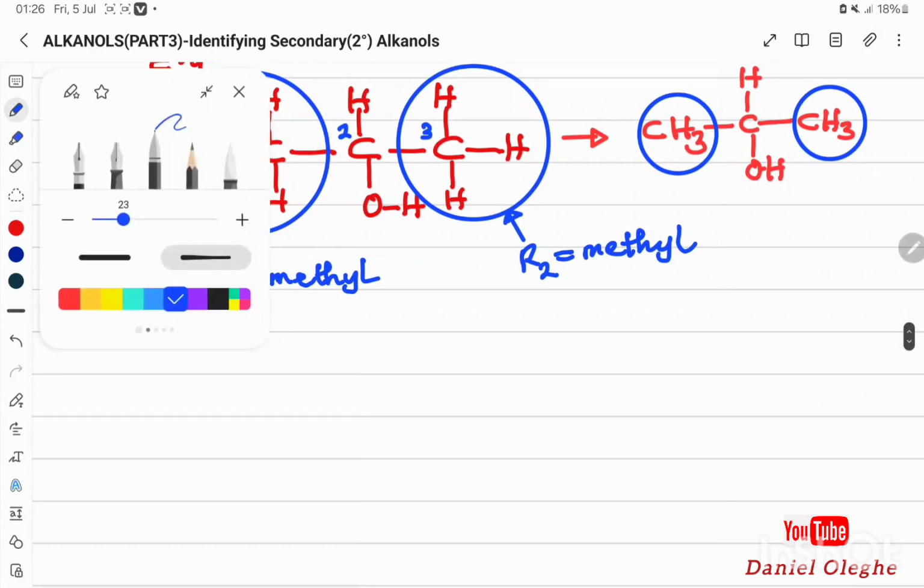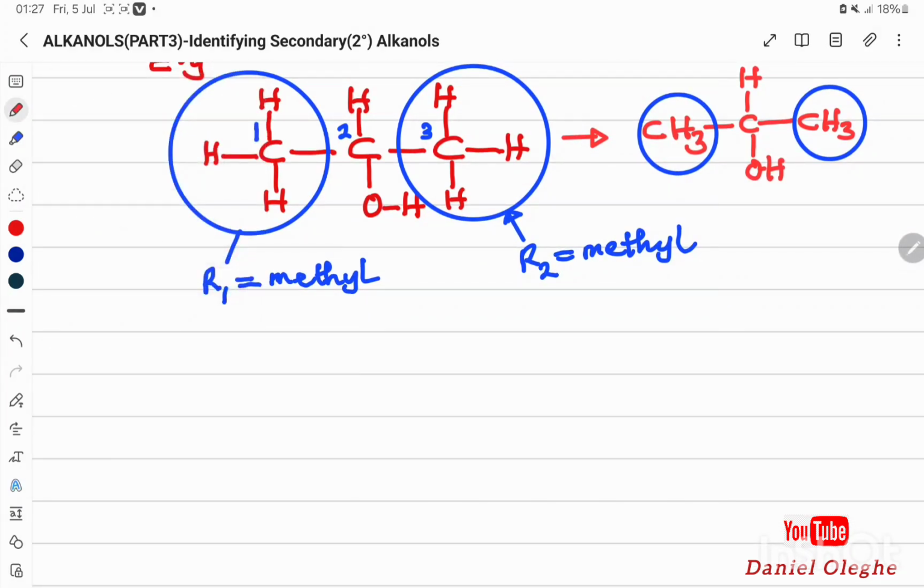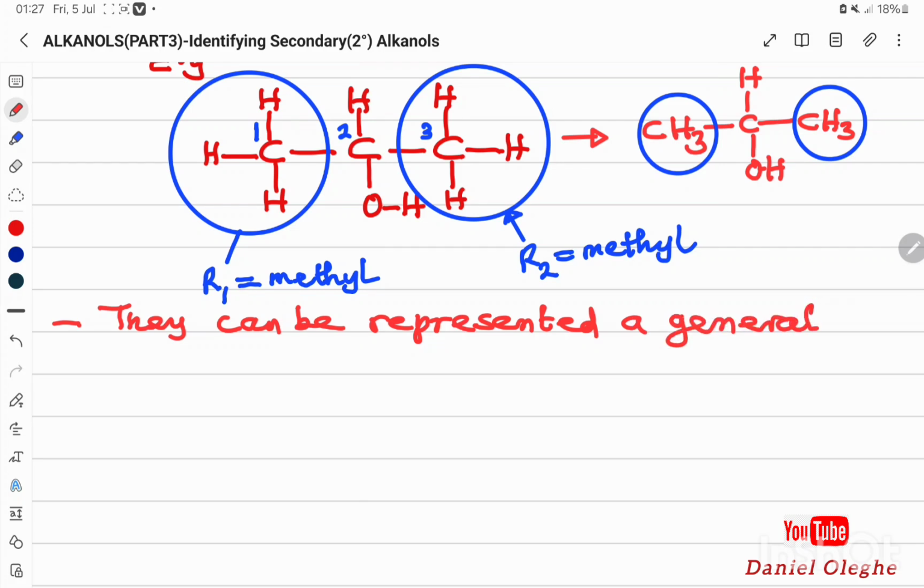What other things can we say about secondary alkanols? Secondary alkanols can be represented by a general formula, which is R1CHOHR2.